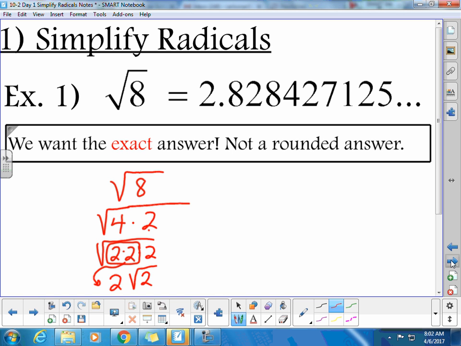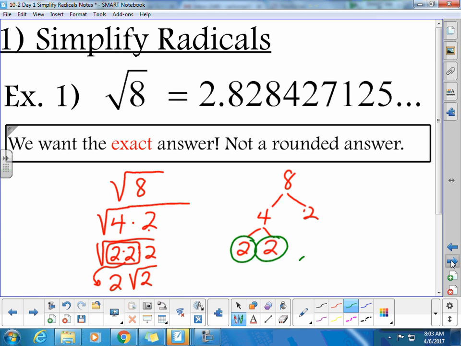Sometimes people do it with factor trees. I'm not a big fan of factor trees. But if I want to get prime factorization of 8, you might remember you would do 4 times 2, and then this 4 would break up into 2 times 2. I think they get long and it's easy to lose a number, but then you look for 2 things together. So I have a pair of 2's.